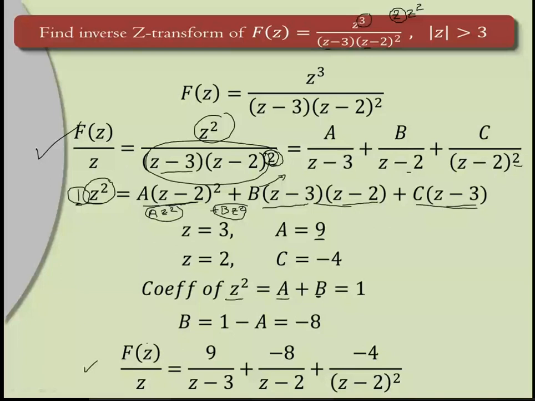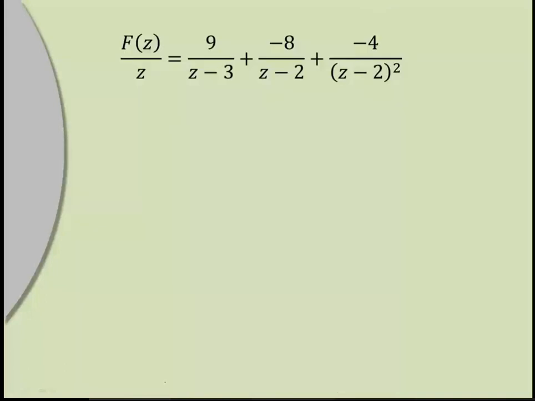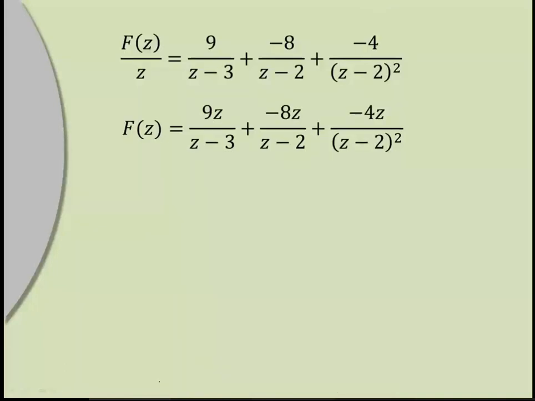So take this z to the other side, multiplying both sides by z. So f of z will be 9z upon z minus 3 plus minus 8z upon z minus 2 plus minus 4z upon z minus 2 square.